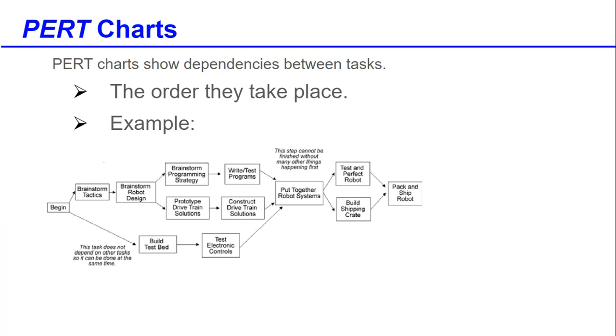Once you finish your brainstorm robot design, your brainstorm program strategy and your prototype drivetrain solutions are happening at the same time. You can also see that on the bottom, you have your build test bed, and that is another task that's happening simultaneously with your brainstorming. This gives you that real idea of when these tasks are taking place and which tasks are dependent on other tasks.